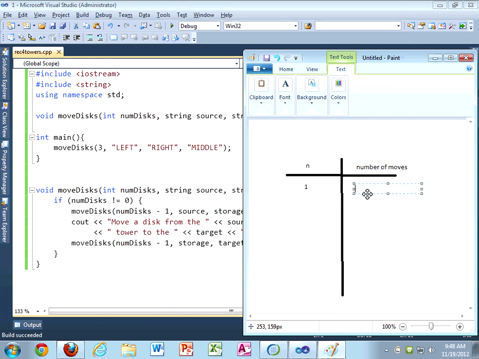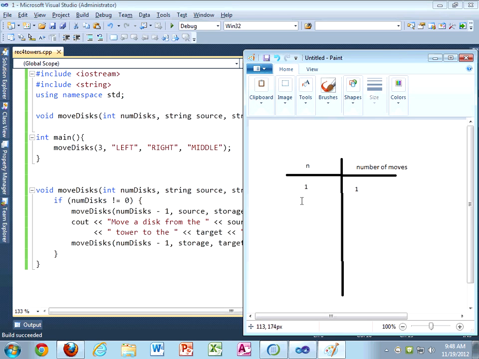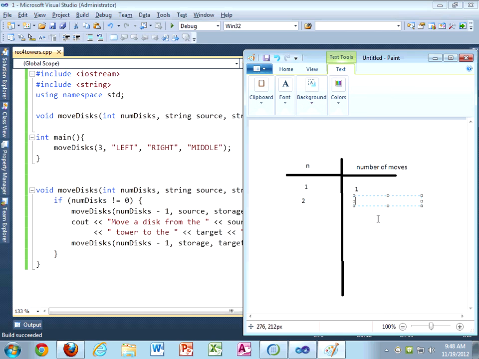So if there's 1 disk, how many moves does it take? 1. If there's 2 disks, how many moves does it take? 1 to move it to the storage. 2, 3, right?